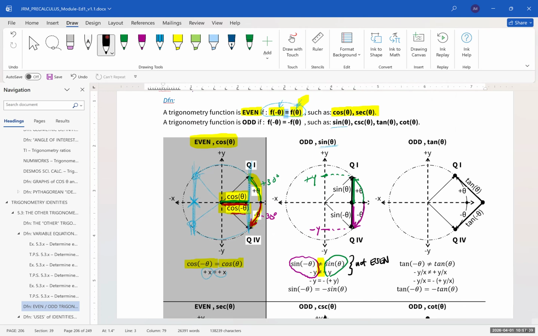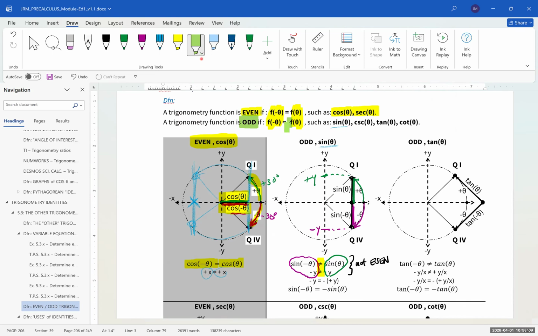Well, if it's not even, could it be odd? The one distinction between odd and even is that they're pretty much the same, the output of a negative angle and the output of a positive angle, but for it to be odd, you put an extra negative out in front.